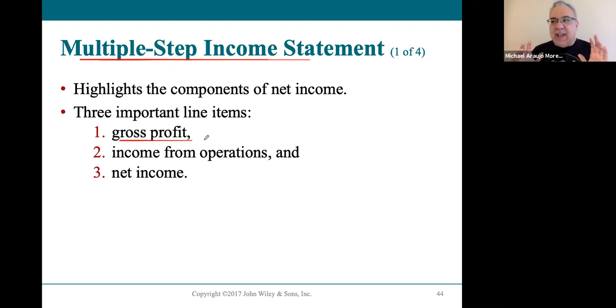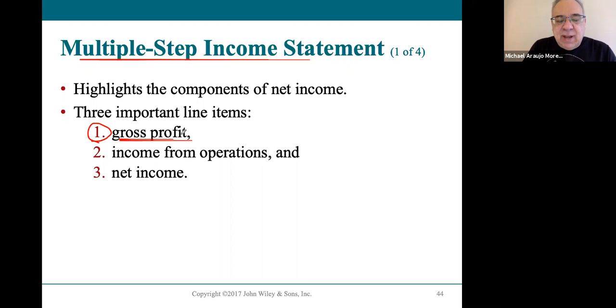It doesn't represent any other expense other than the cost of their inventory. So the gross profit is basically the remaining amount of sales revenue they have after they've paid for the goods they just sold you. That has to cover all the other expenses and give them net income. So the gross profit is a very important figure, as you'll see in this concept.